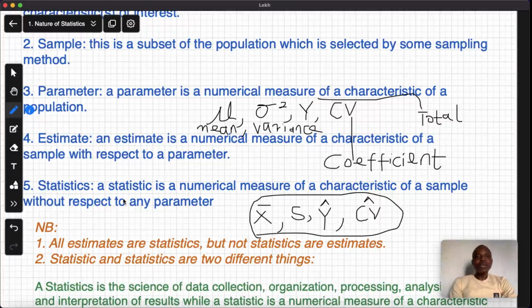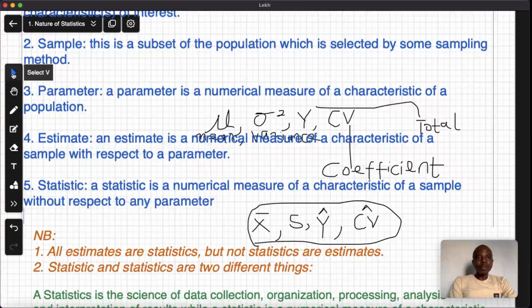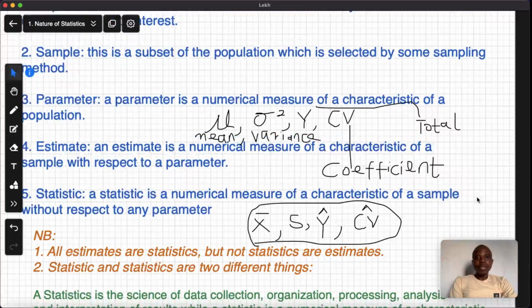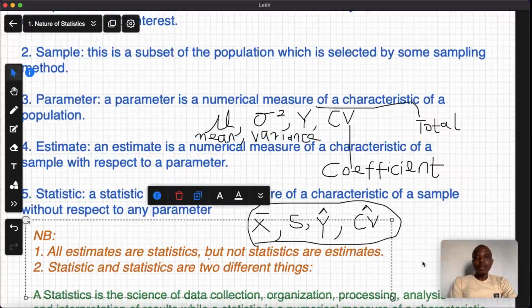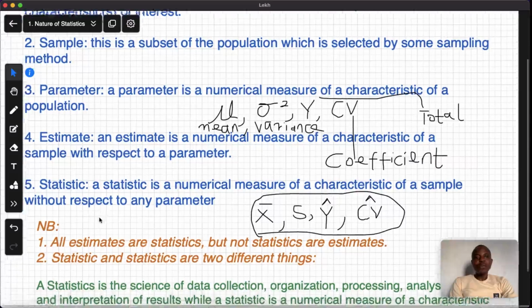All right, so statistics. Permit me, it's not statistics, it's statistic. A statistic is a numerical measure of the characteristic of a sample without respect to any parameter.